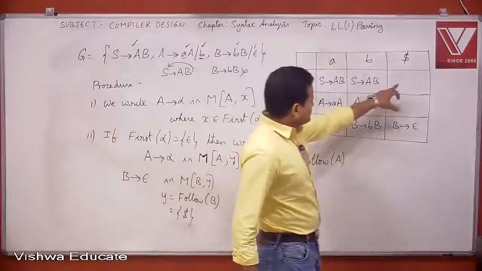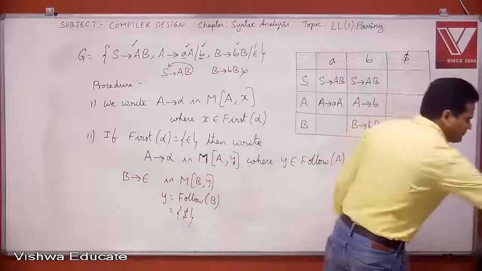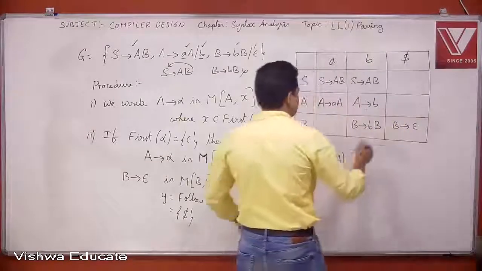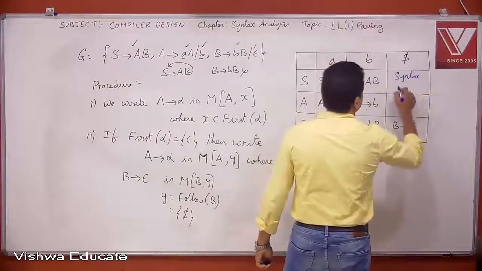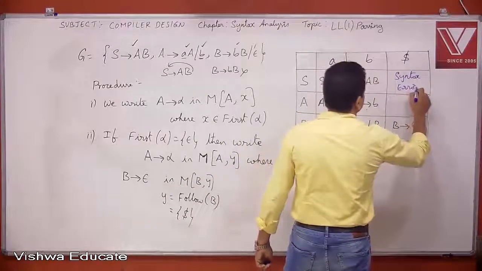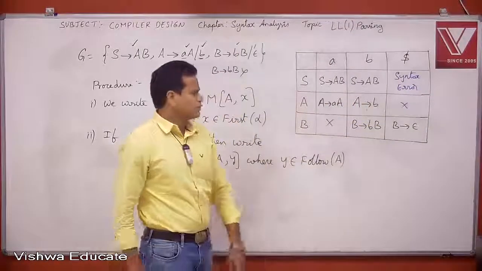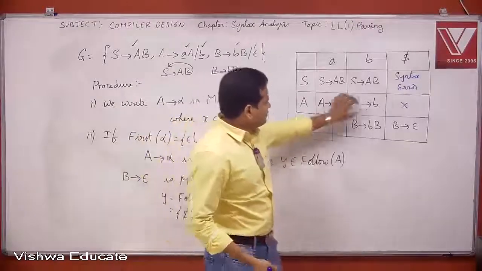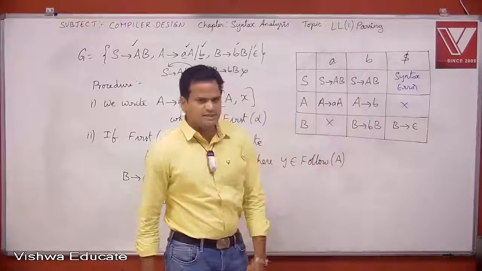And finally, here some boxes are unfilled. So these unfilled entries, we call them syntactical errors. This is error and this is also error. So don't bother about these unfilled boxes.